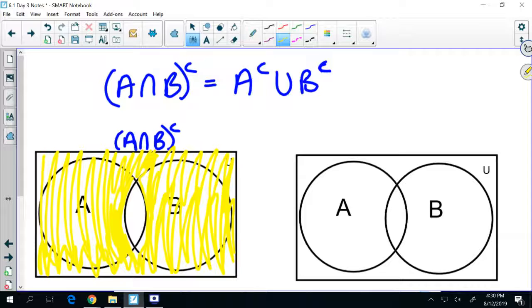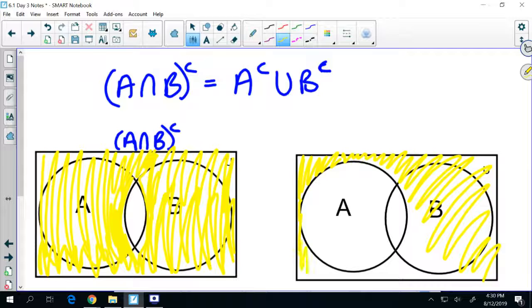And then what about A complement union B complement? So A complement would be everything but A. So again, I'll use my two colors, okay? Did I write that one right? All right. Everything but A is A complement.